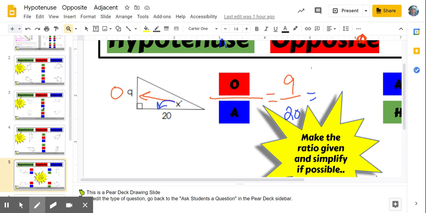What is 9 divided by 20 as a decimal? 0.45. Perfect. This is going to be important for next week, okay?